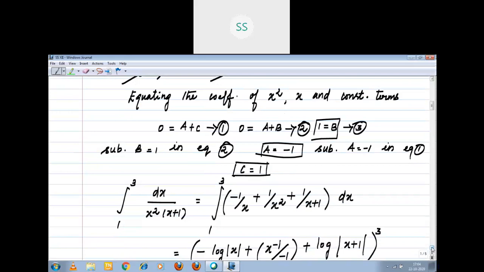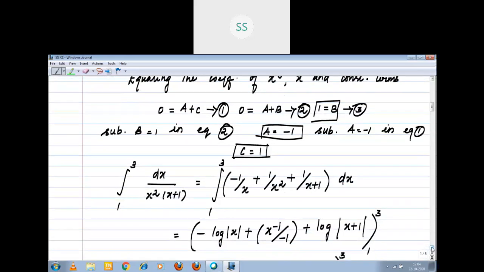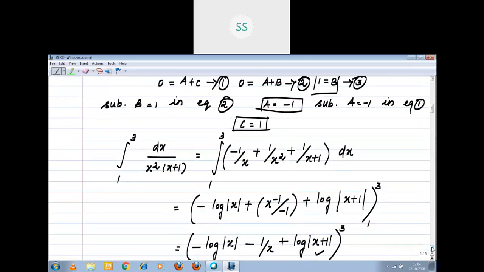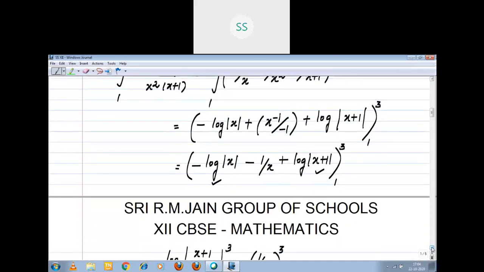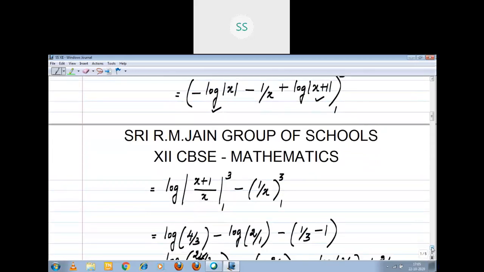a, b, c can be replaced by the numerical values we got, that is minus 1, plus 1, plus 1. Now minus log modulus x plus x power minus 1 by minus 1 plus log modulus x plus 1. The first and the third I combined and wrote in log of a by b format, and minus 1 by x, the algebraic term, I wrote separately.